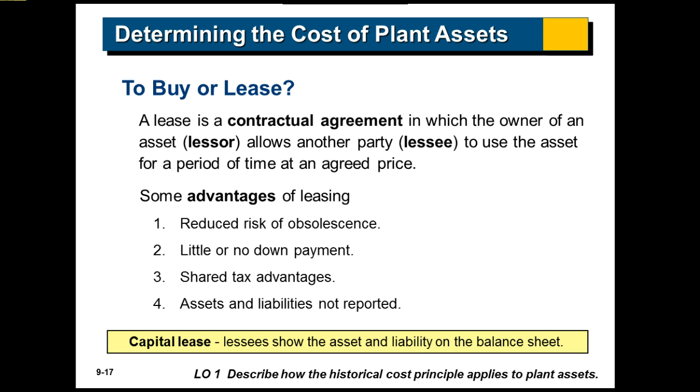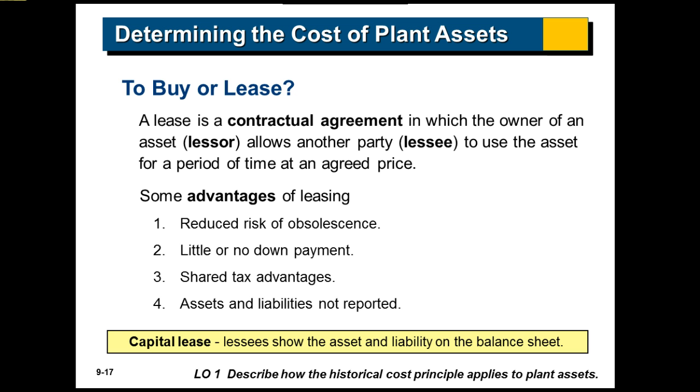You never own it, but you get to use it. There's some advantages of it. If we're worried about equipment that may become worthless or lose its value quickly just due to technology, maybe leasing's a better idea. You don't have to have a lot of capital outlay when you lease. You can just start renting or leasing the machine.